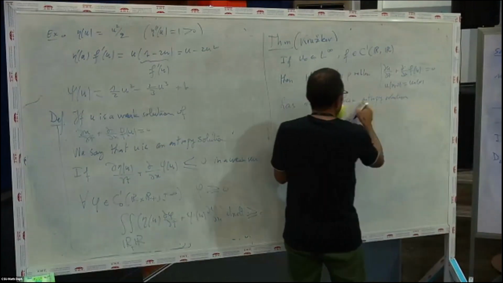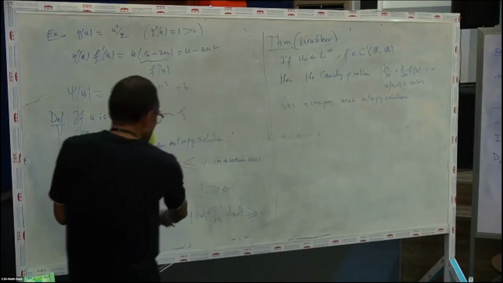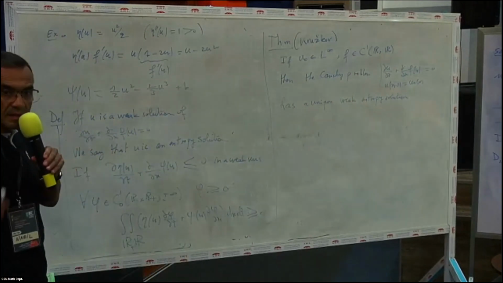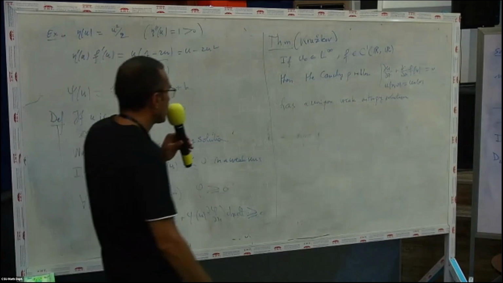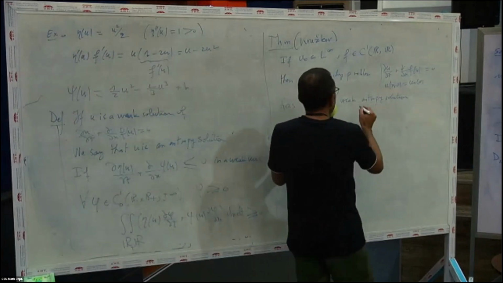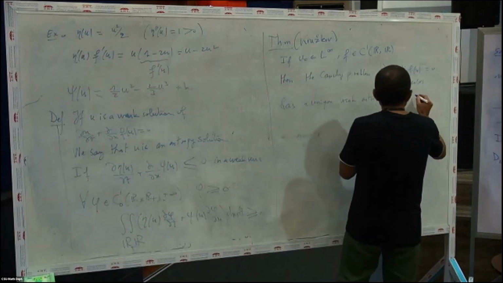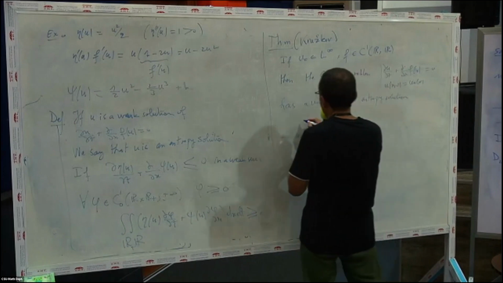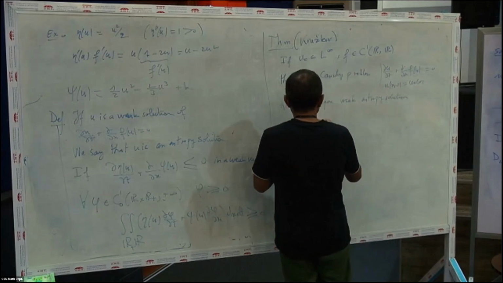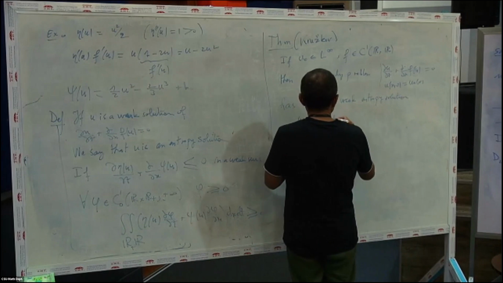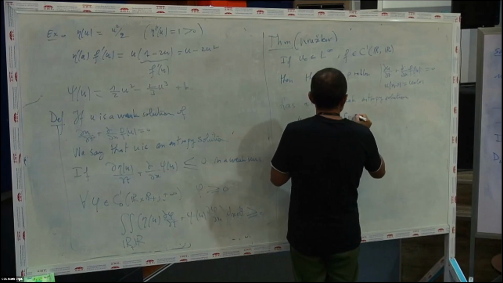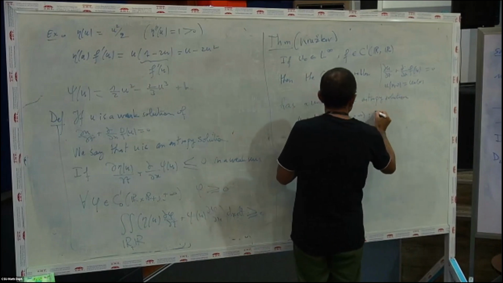A weak solution, of course, but in addition satisfying the entropy criterion: a unique weak entropy solution u, which is also in L infinity of R times (0, plus infinity).